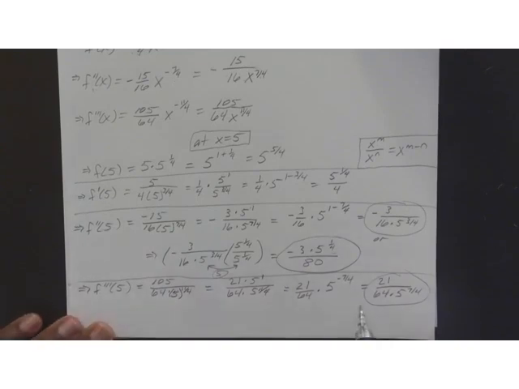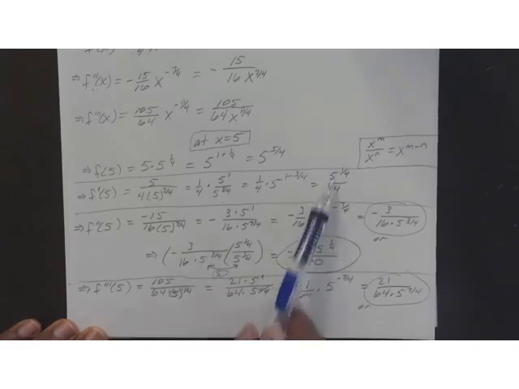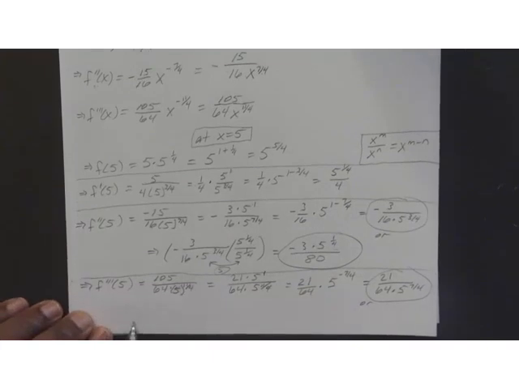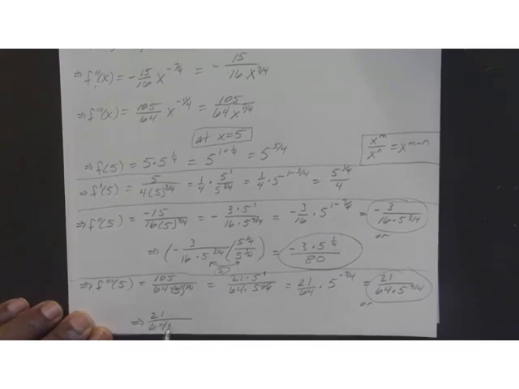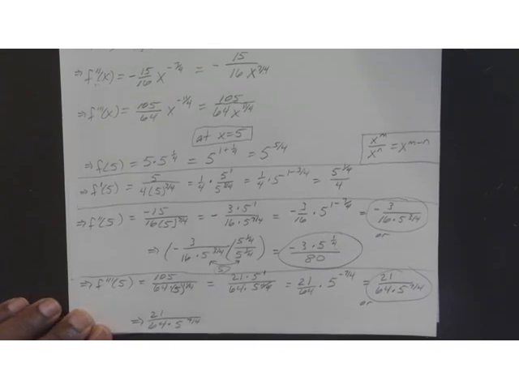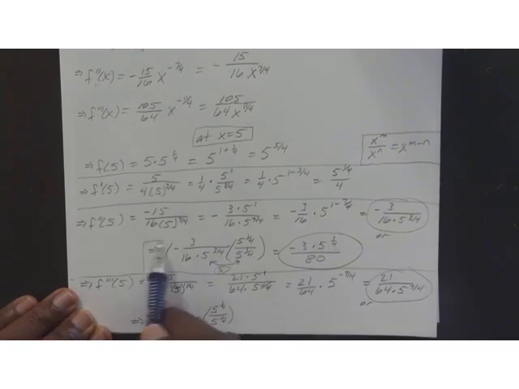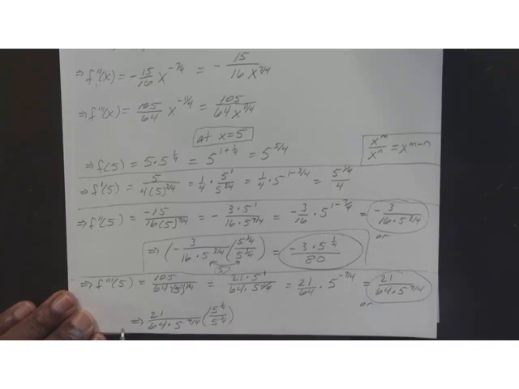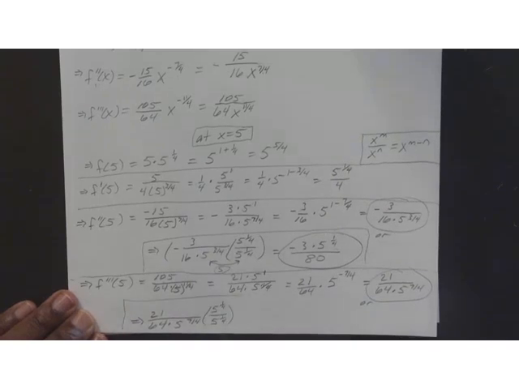Or, like we did here, if we want to have that 5 to the 1/4 in our denominator like the previous two, we could take that 21 divided by 64 times 5 to the 7/4 power and multiply it by 5 to the 1/4 power divided by 5 to the 1/4 power. And let me separate these two to avoid confusion.